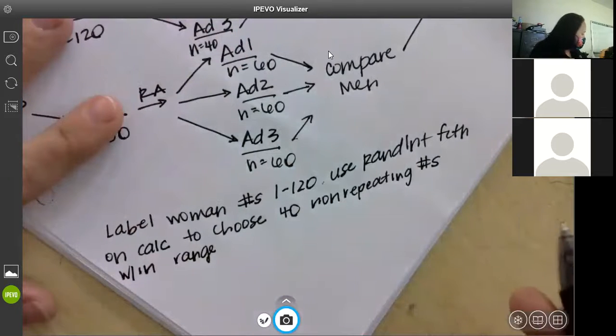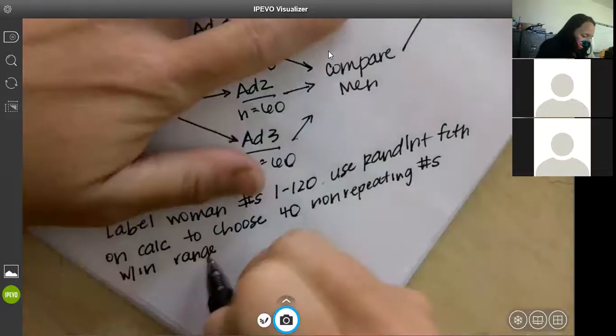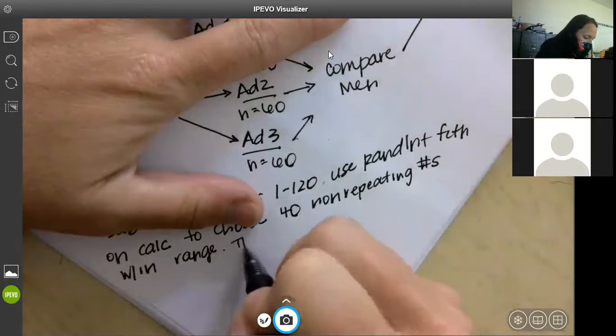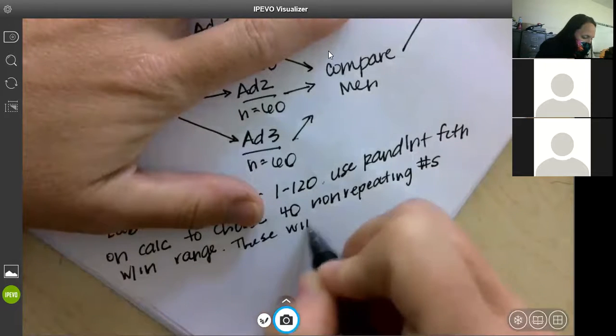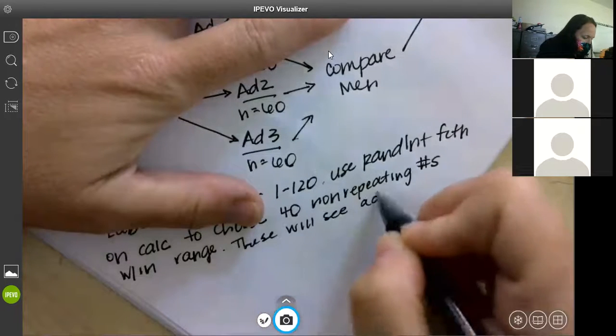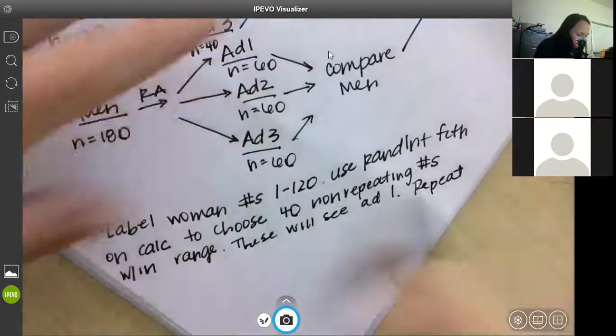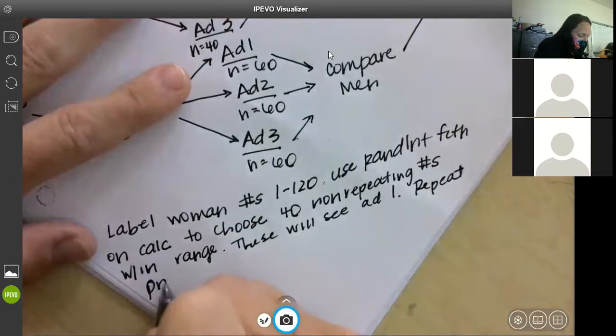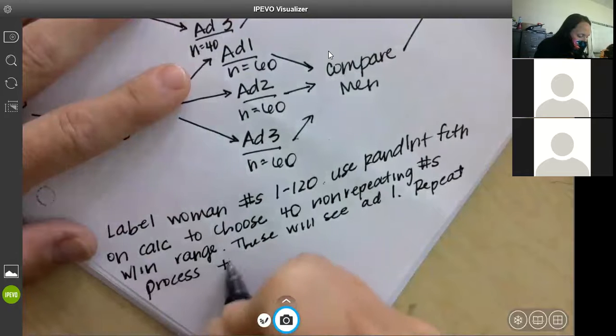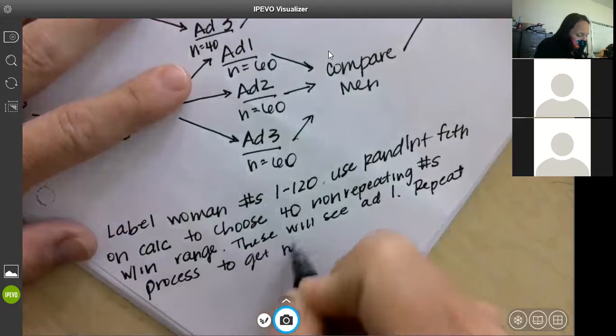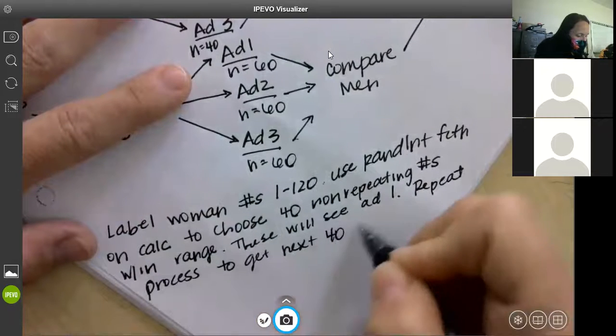And what do you do to these? These will see add 1. Repeat process to get next 40.